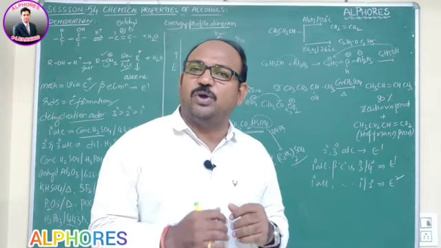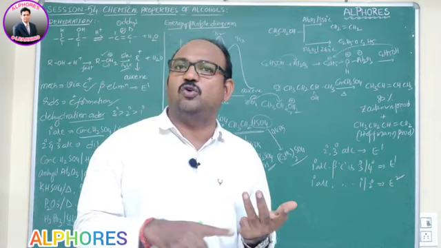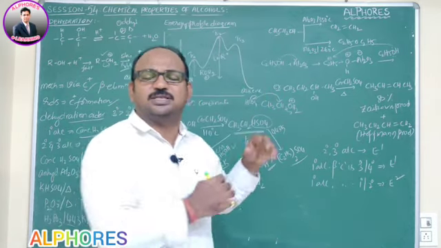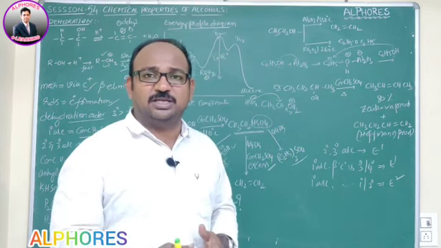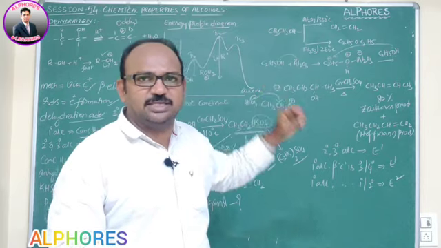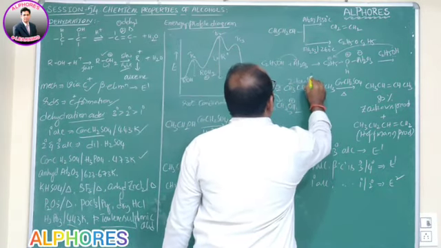But Hofmann elimination, we already learned, occurs in few cases only, like if the leaving group is a poor leaving group or if the attacking base is a bulky base. In such cases only we notice Hofmann elimination. Here it is regular elimination, that is Saytzeff elimination. Let us see. I used to consider 2-butanol.